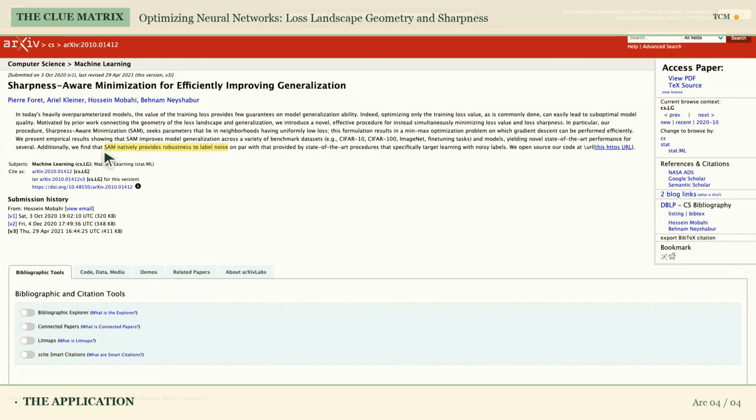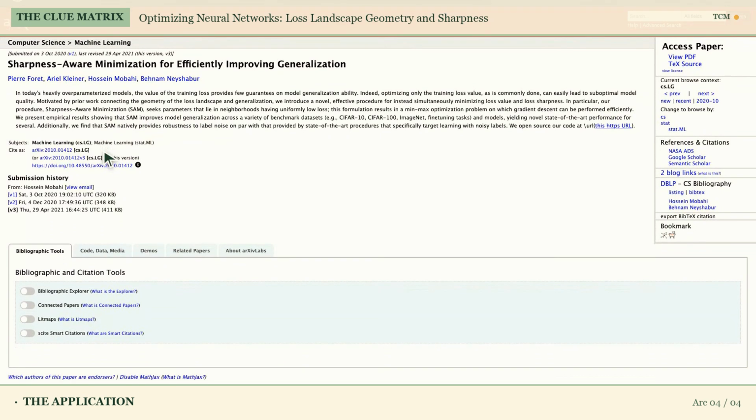Beyond just raw accuracy, a critical benefit is robustness. The authors found that SAM natively provides robustness to label noise, which is a huge deal for real-world datasets that often have imperfect annotations. That's a fantastic bonus.